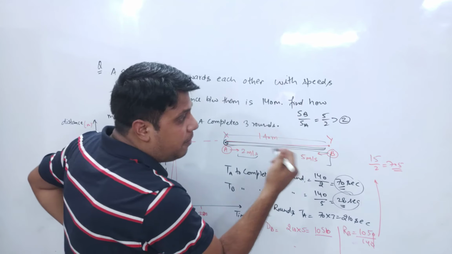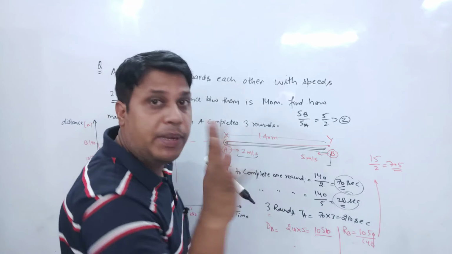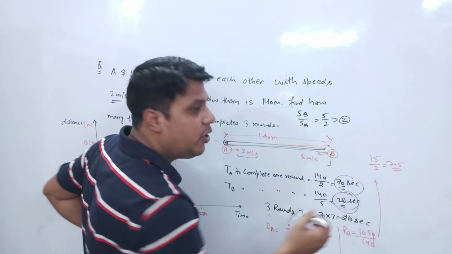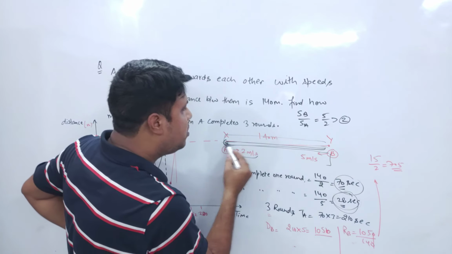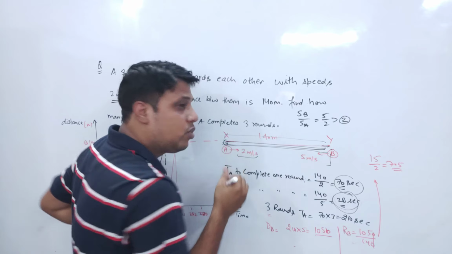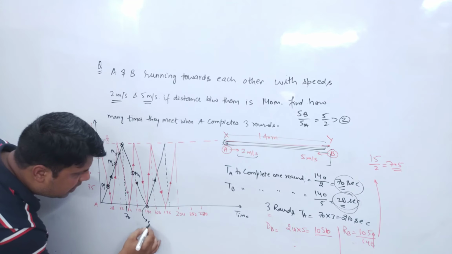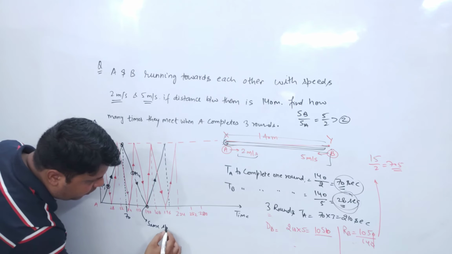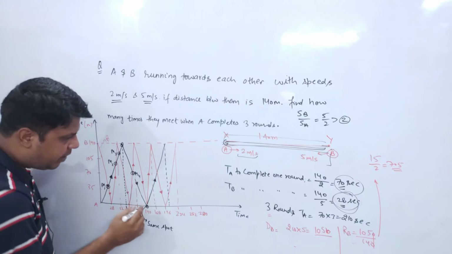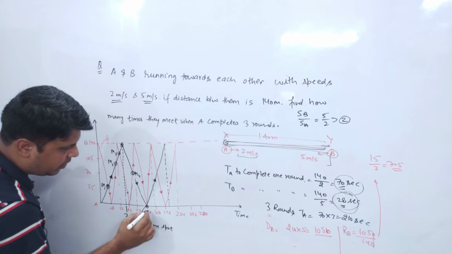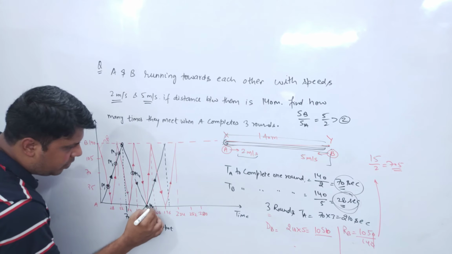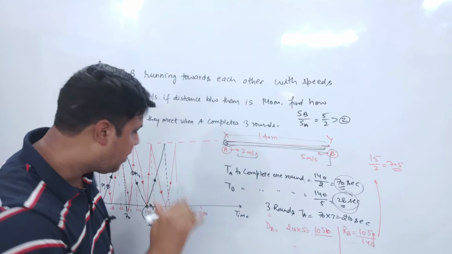Now B in 140 seconds completed 5 rounds, because 28 into 5 is 140, so 1 round, 2 round, 3 round, 4 round, 5 rounds. So A and B are at the same spot now. Of course they are meeting actually. So this is going to be the 5th meeting, because they are meeting at the same spot, the initial point, M5.